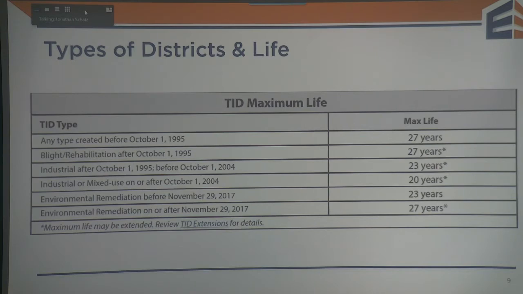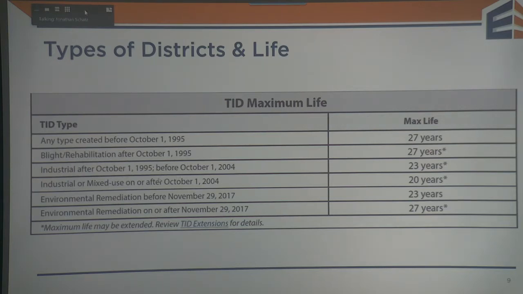All TIDs were 27-year TIDs, and they didn't have to specify whether they were for a specific purpose or not. That all changed in 1995 with the blight rehab designation. That's a current TID type, blight rehab, and it has a 27-year maximum life.